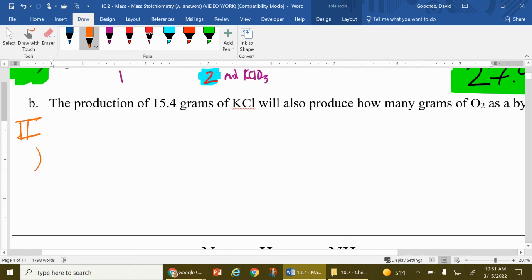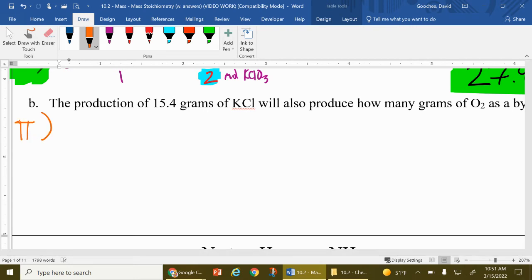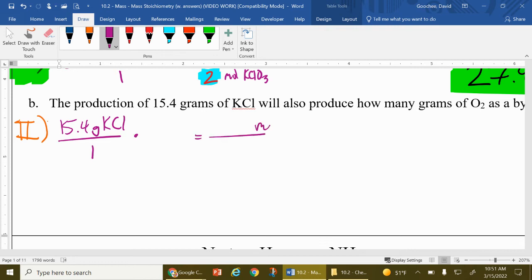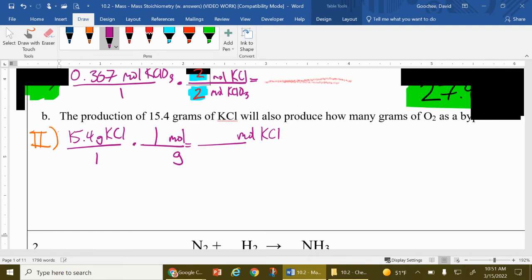Our starting amount is 15.4 grams of KCl. So that's what we're starting with. And we need to convert it into moles of KCl. So we're getting out of grams into moles. We are dividing by the molar mass of KCl. We looked that up before. What was that?